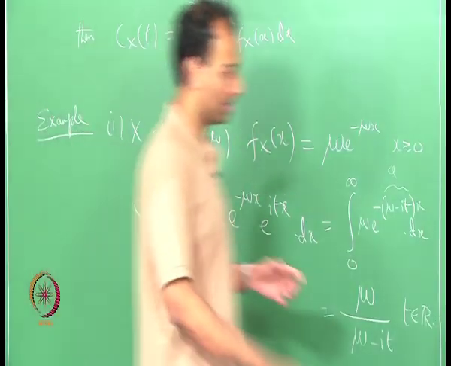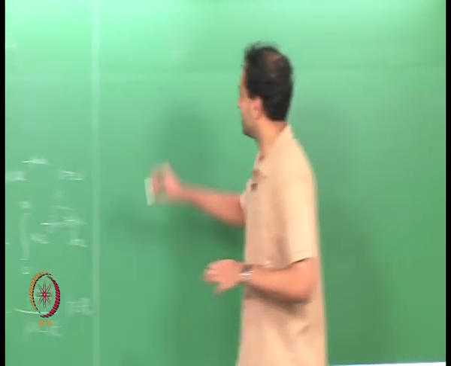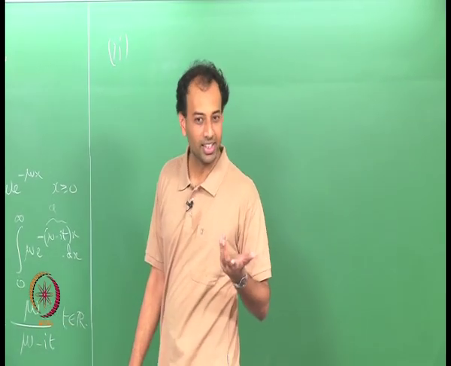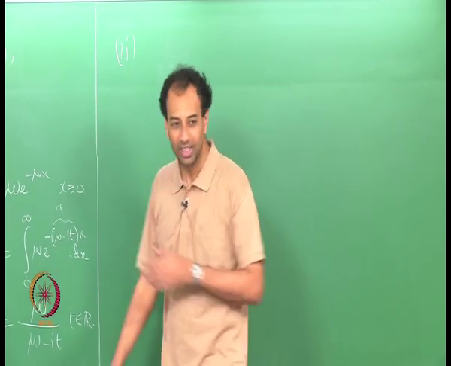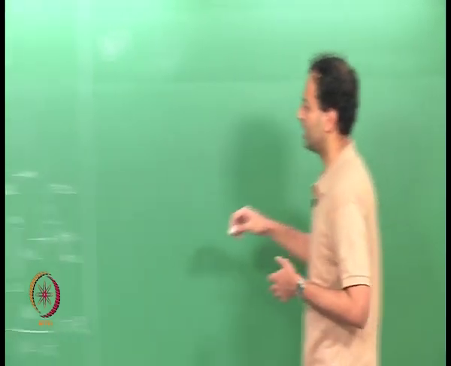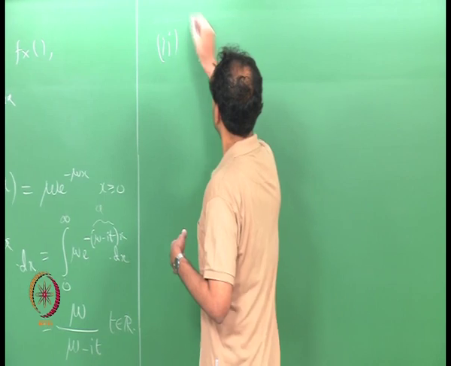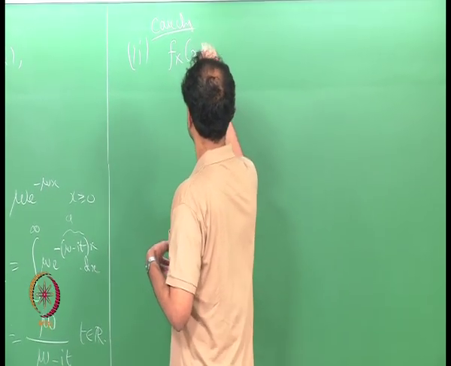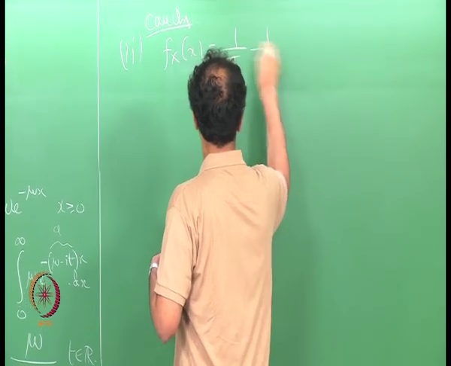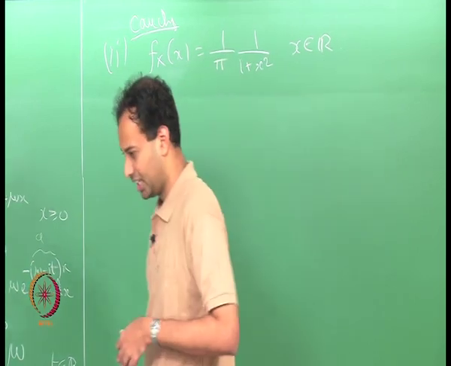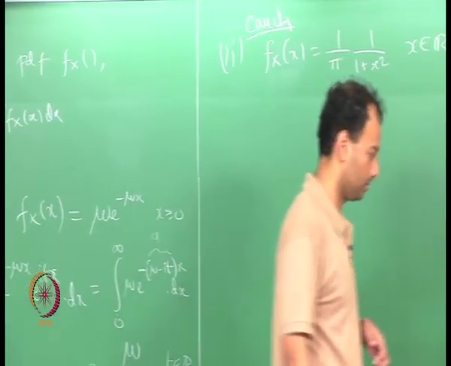Now that I am talking about that, let me give you the example of the Cauchy that I mentioned. One of the nice things about the characteristic function is that it can help you handle things like the Cauchy distribution, which the moment generating function does not allow you to handle. If you have the Cauchy, f_X(x) is 1 over pi times 1 over 1 plus x squared.